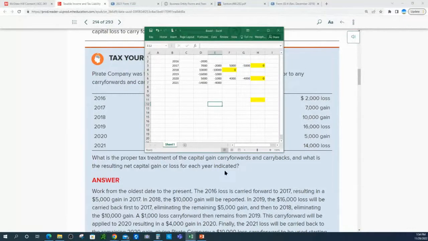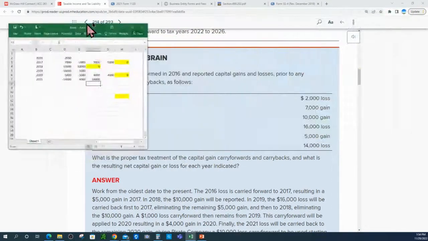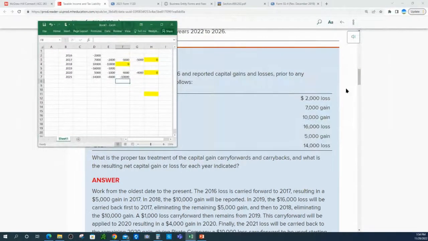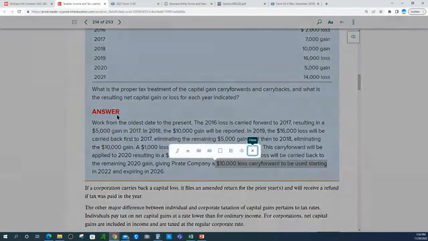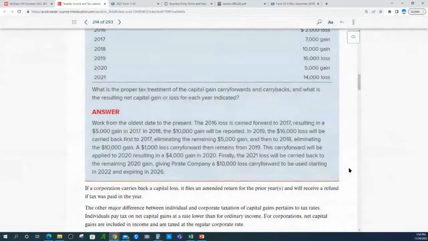So we have a remaining $10,000 loss that we can carry forward to future years. Okay, so you've got it.